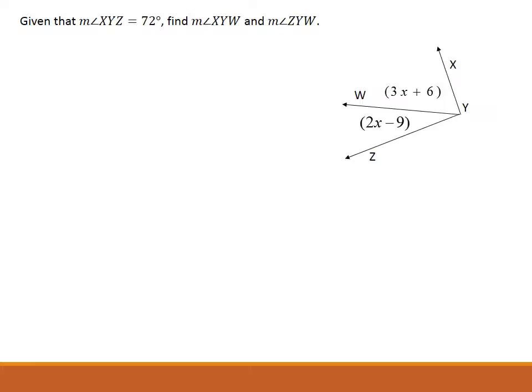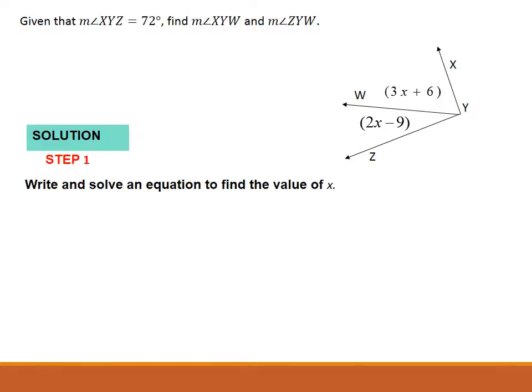The smaller angles, angle XYW, is 3x plus 6. And the other angle is WYZ is 2x minus 9. We don't know their degrees, but we do know that when we put them together, they will equal 72. So we're going to use angle addition postulate.